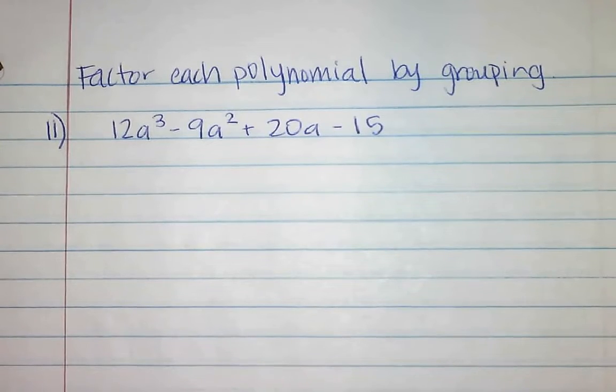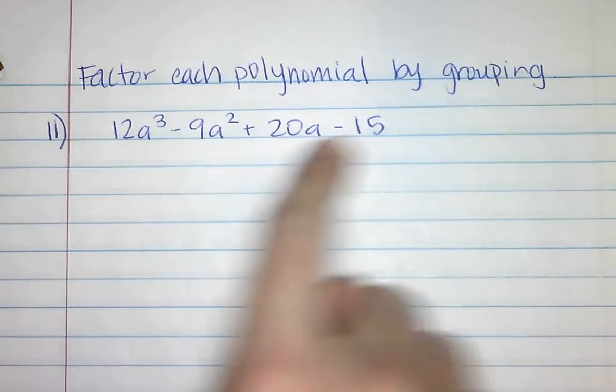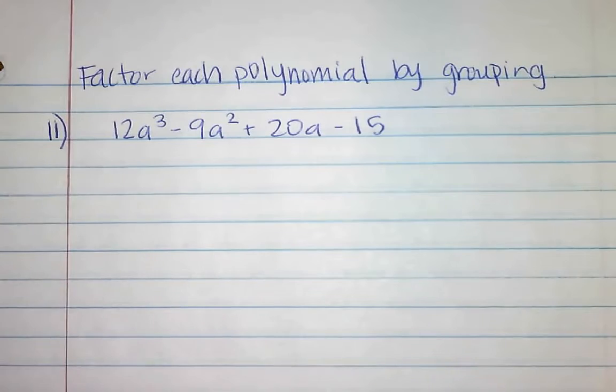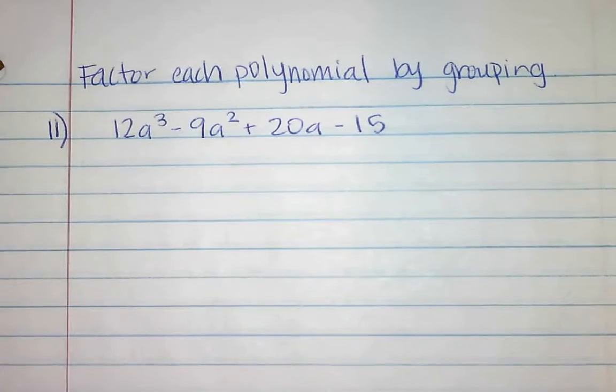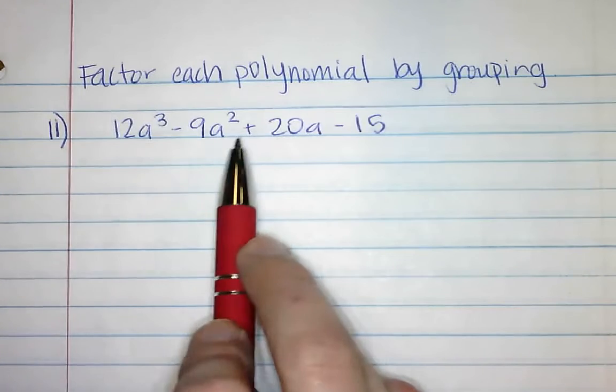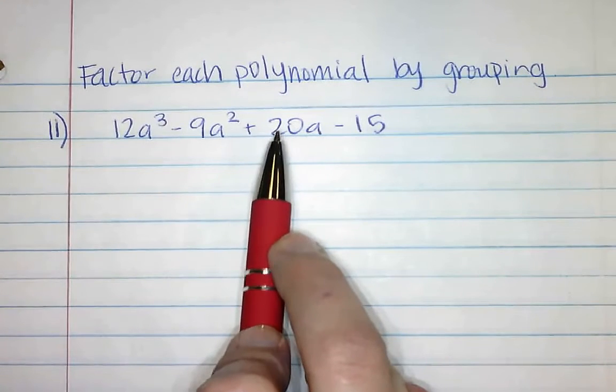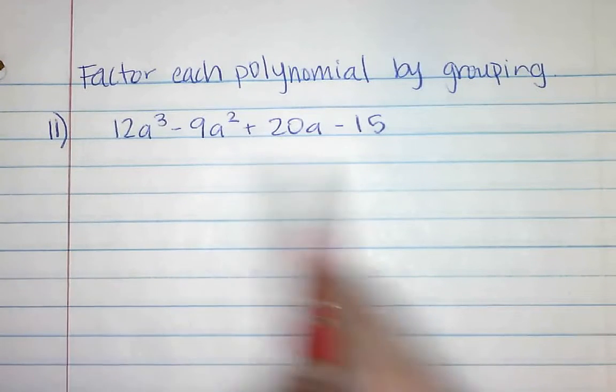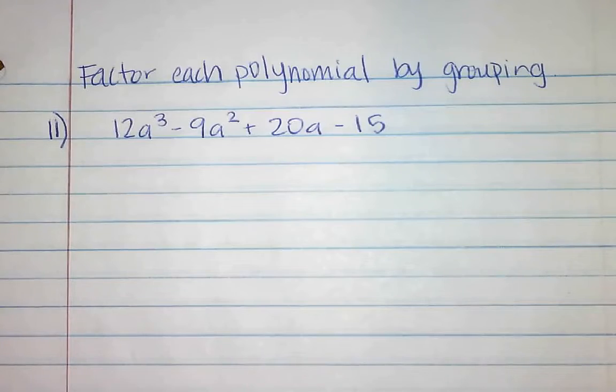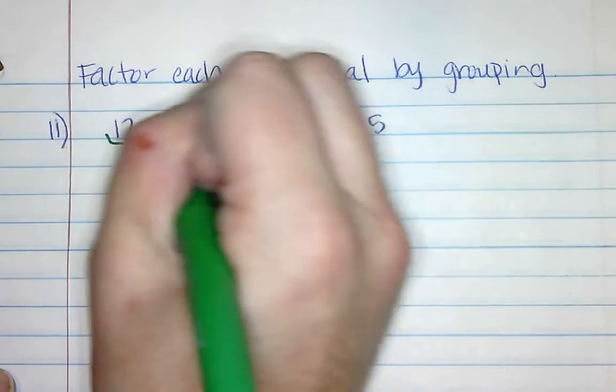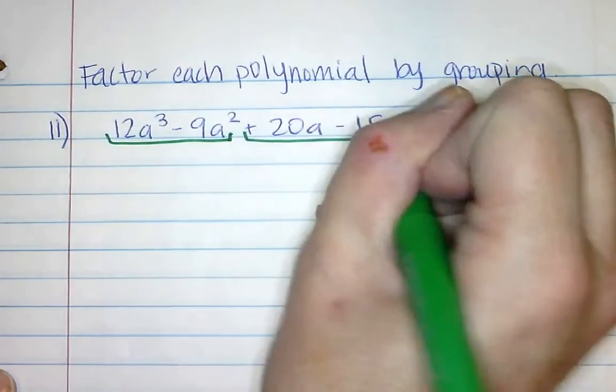Can we take out something from all four of them? No. 3 is the closest it comes, but then 20 messes that up. So we are going to group these into two separate things. We're going to group this as 12a cubed minus 9a squared.